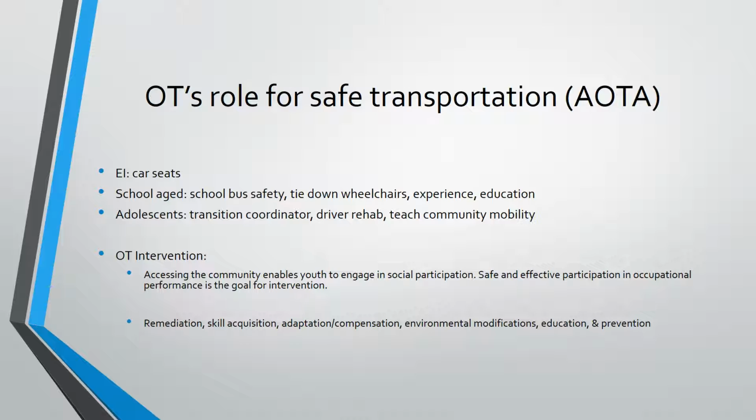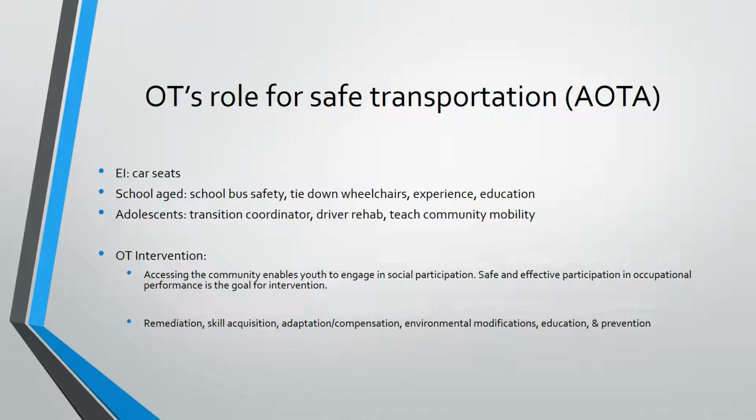They're engaging in social participation. And so safe and effective participation in occupational performance should be the goal for our intervention. It should be what's driving our intervention, to be safe and effective with whatever our occupational performance is.